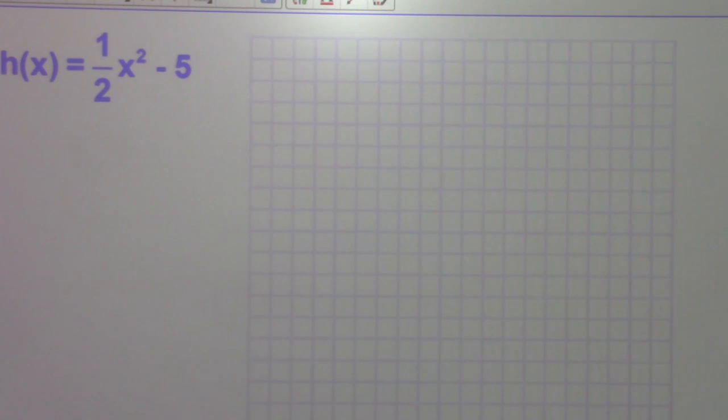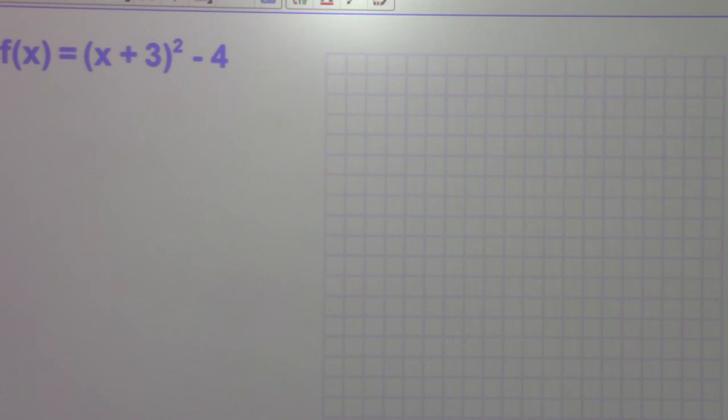Okay, now let's go on. I want to show this one here. We got this one here, f of x equals quantity x plus 3 squared minus 4. What kind of transformation is done with this? Left 3 and 4 down. So Angel says left 3 and 4 down, is that right? So let me go ahead and establish the vertex.